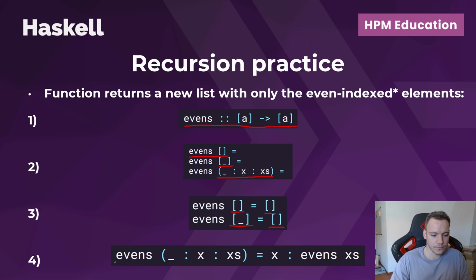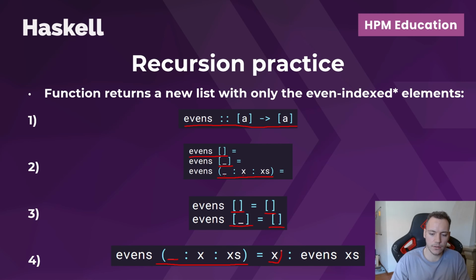And then the recursive case, in the fourth step, we have our 2 elements and the tail of the list. That's why I use the wildcard here, because we don't care about the first element. We will discard it, right? We want the second element that we consider even indexed.